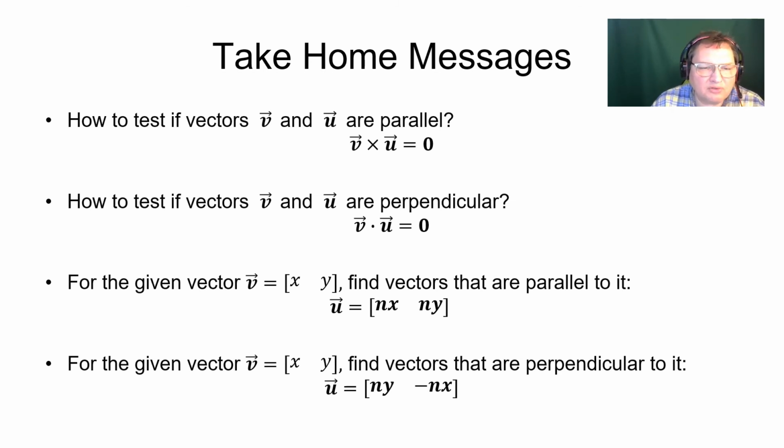And if you have a given vector with coordinates x, y, and need to find a vector which is perpendicular to it, then anything fitting this template, ny, minus nx, will be perpendicular. So this means that you need to swap the values of x and y, then flip either x or y to its inverse number, and you can also multiply both x and y by the same number.